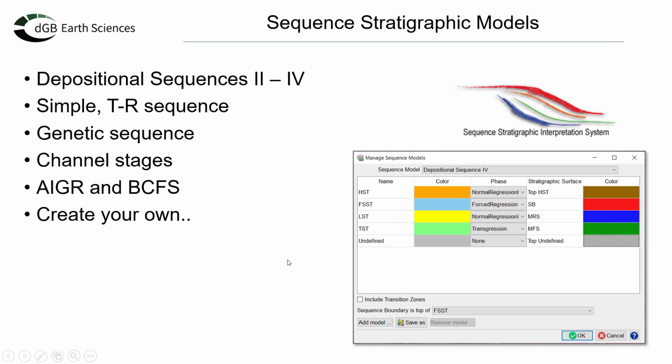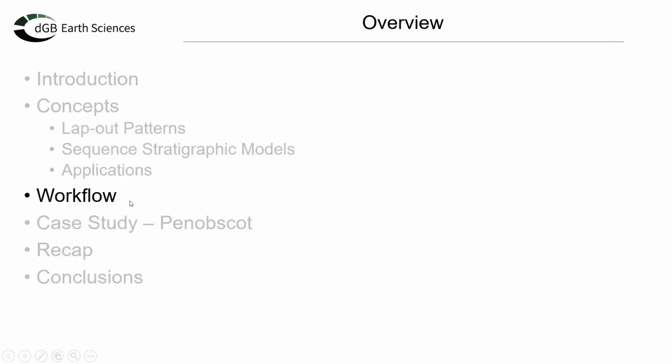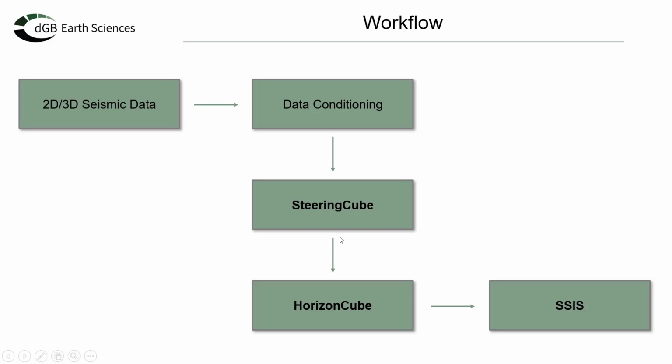Let's look at the workflow next. So I have a little chart here where we start with either 2D or 3D seismic data. We need to look at the data first, of course, and then do data conditioning as needed. We, in general, recommend that you start by creating a SteeringCube from your 2D or 3D seismic data.